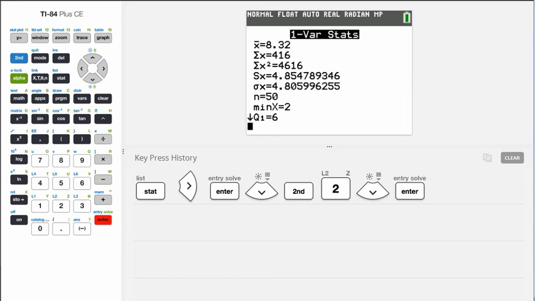If I needed it, I would have the mean right here, 8.32, and my sample standard deviation is right here, 4.854789346. We will round it to one decimal place.